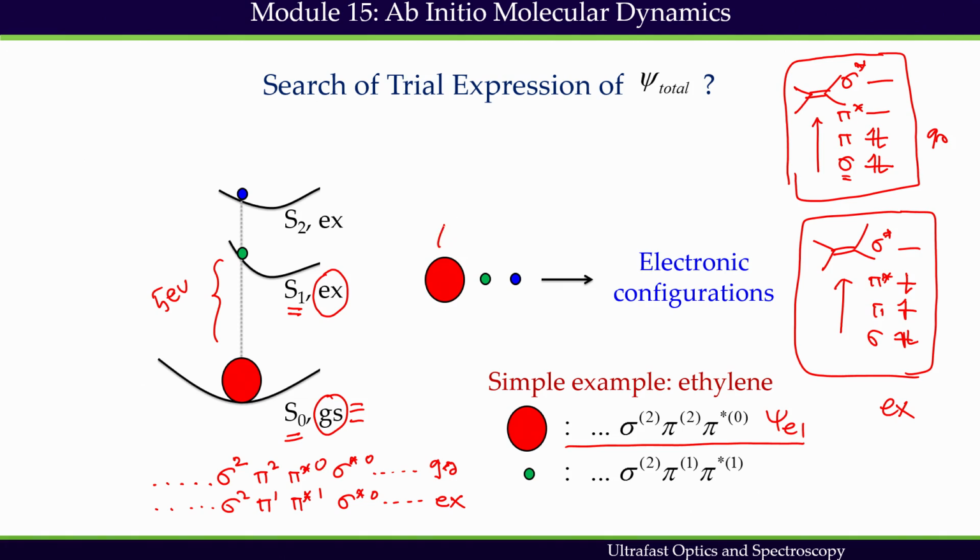This big ball is represented by this configuration, and this green ball is representing this other configuration. The total electronic wave function psi can be written as mostly this red ball. We will not have much contribution from the upper electronically excited states because their separations are long.